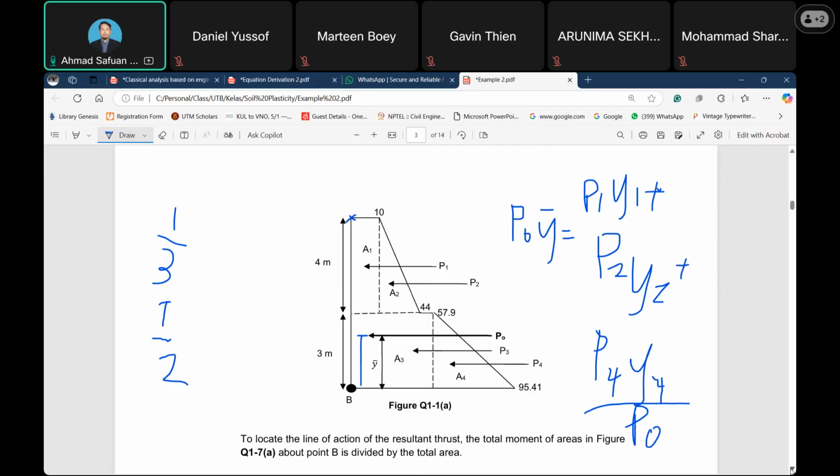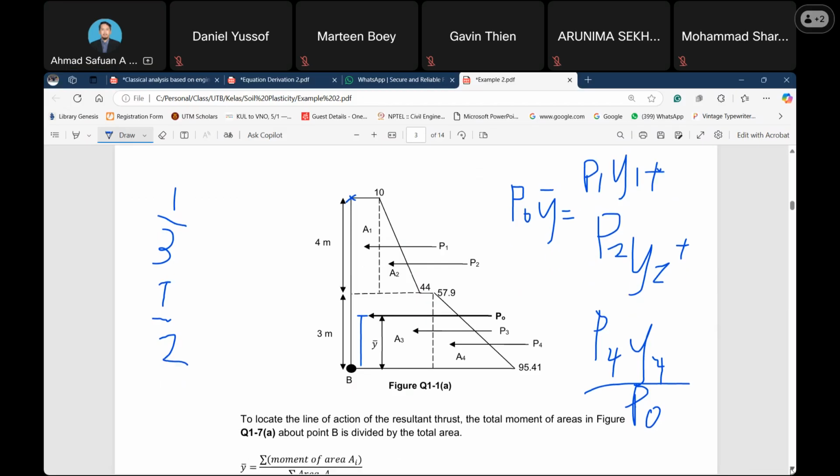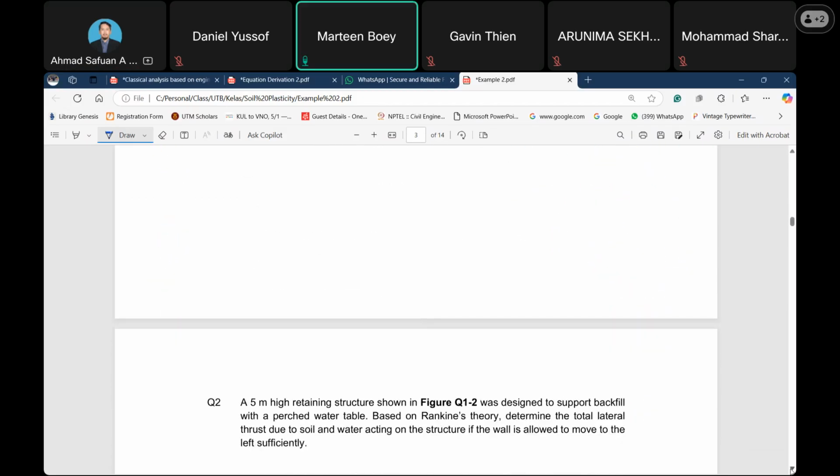So for the slope, we use 2/3 for the moment arm, and for the retaining wall horizontal lateral stress, usually we use 1/3 because we refer to the bottom of the retaining wall. There will be no problems, but we need to be consistent with the datum or locations.